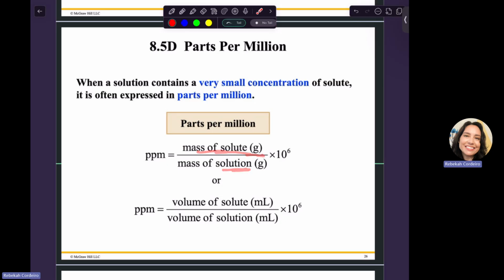And 10 to the negative 18% is not a number that I can really wrap my brain around. But if I were to multiply by 10 to the 6, I could maybe get a couple thousand parts per million, and that can make sense. I know that 10 to the negative 20 is way too small, but if you have 10 to the negative 6, for example, and multiply by 10 to the positive 6, now you've got 1 part per million. That's a more manageable number to think about versus really, really small numbers.